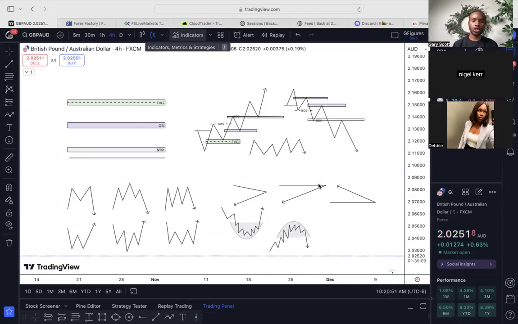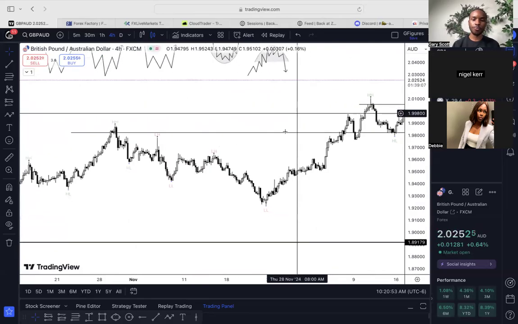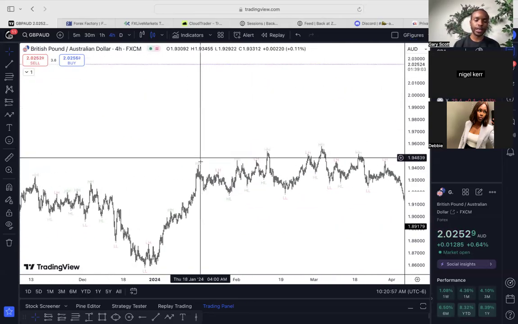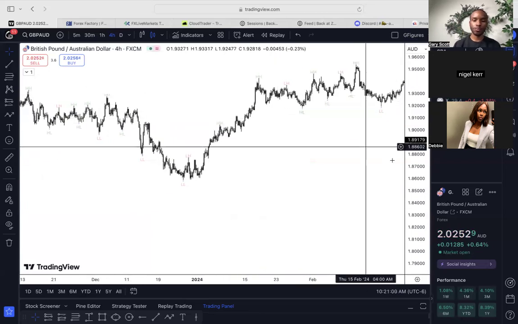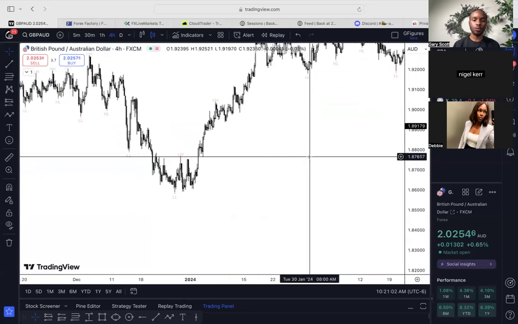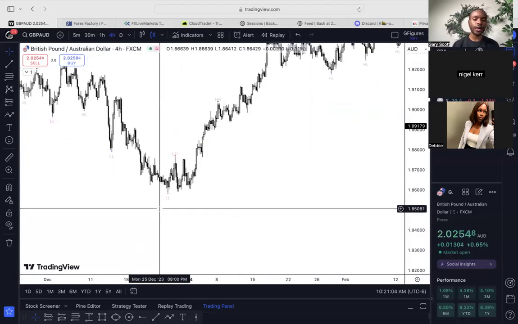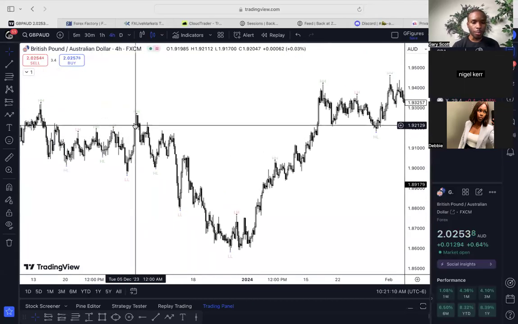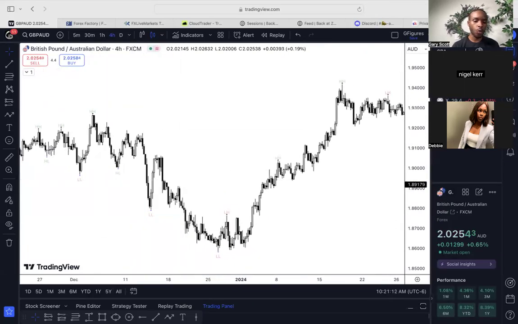So let's go look at some setups. Prime example of finding a teacup pattern right here. Price was transitioning from what?